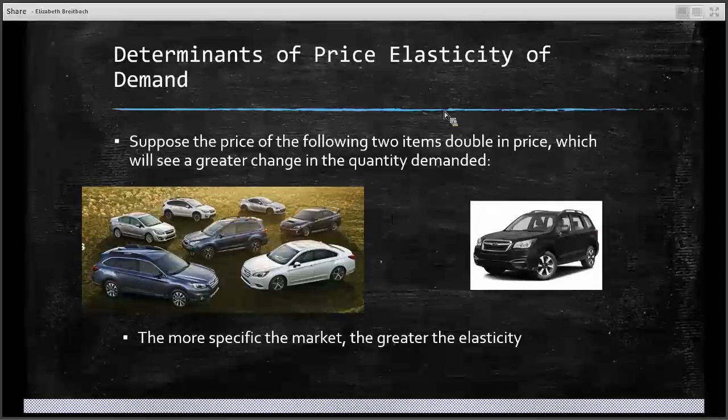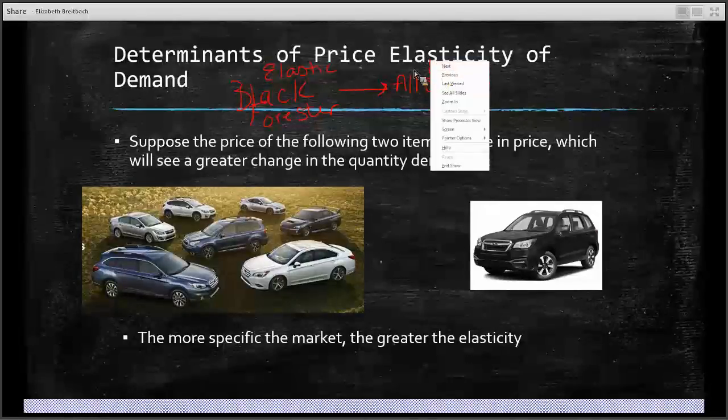So when we're thinking about elasticity, the black Forester is going to have the most elastic demand. And then as we move over and we say all Subaru vehicles, that's going to have a little bit less elastic of demand.